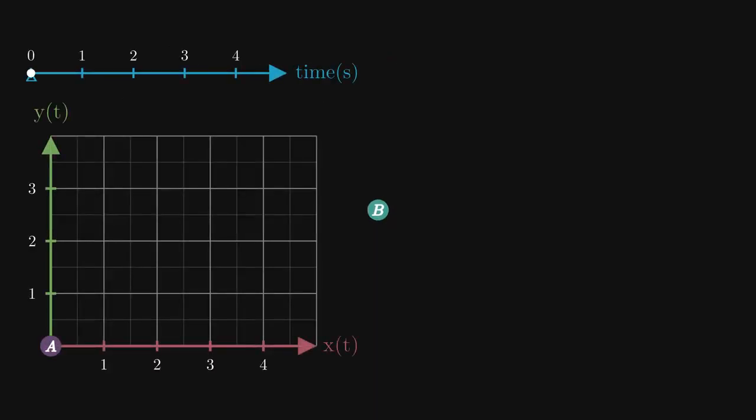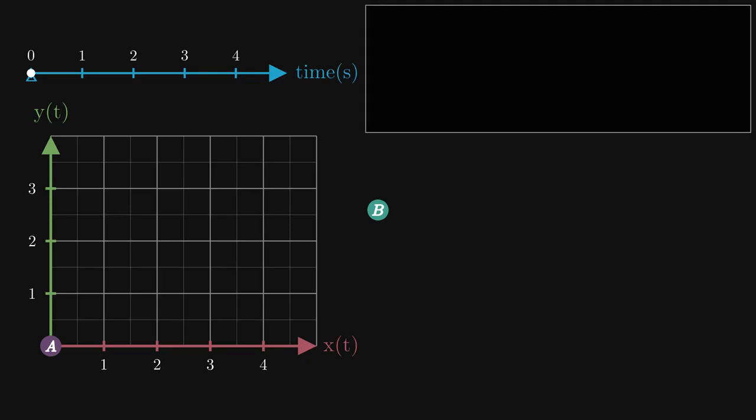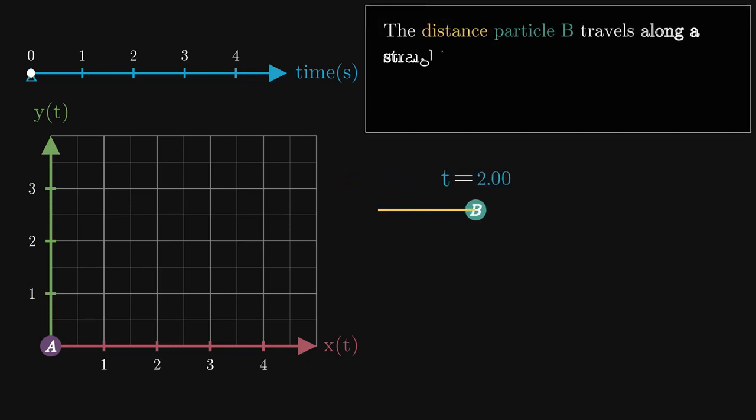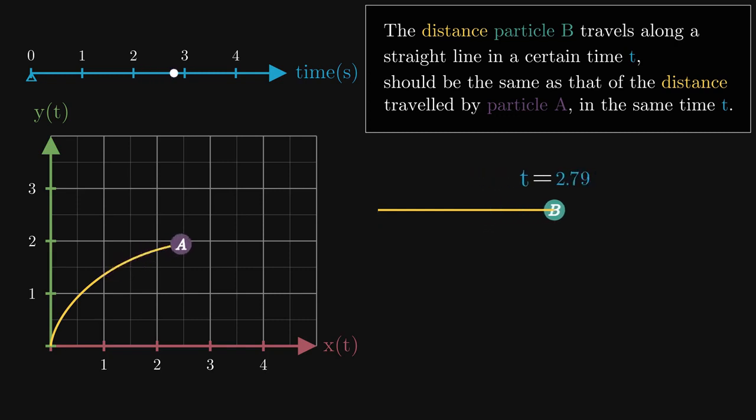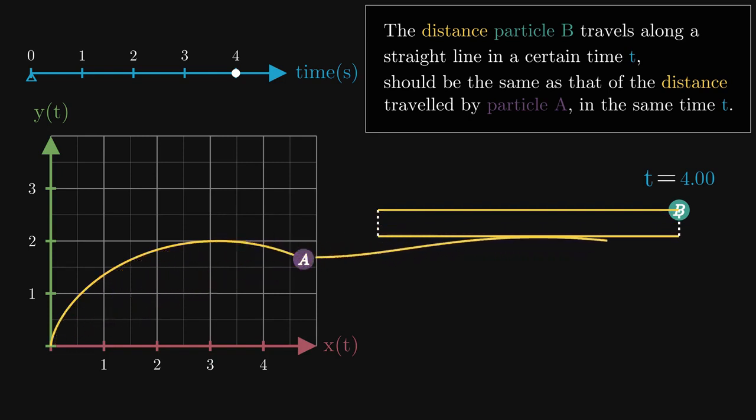The specific instruction we'll give to particle B in our context is as follows. The distance particle B travels along a straight line in a time t should be the same as that of particle A. Okay, is the instruction clear?